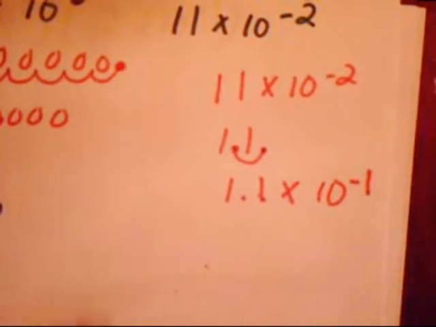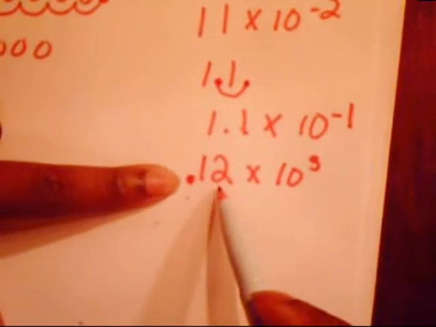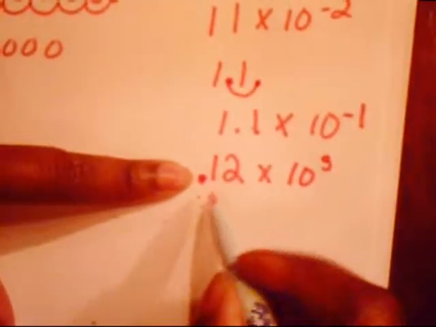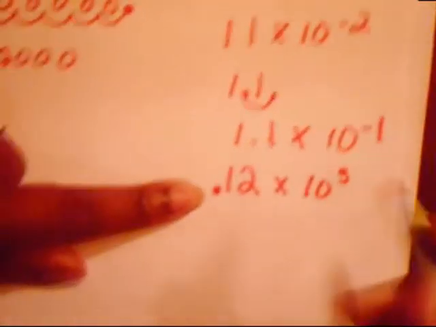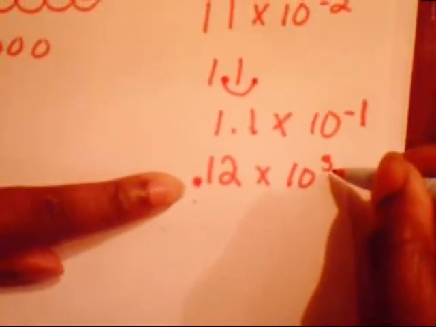If you had to make your base bigger, which we do because we know that 0.12 is less than 1, then that means you have to make your exponent smaller.